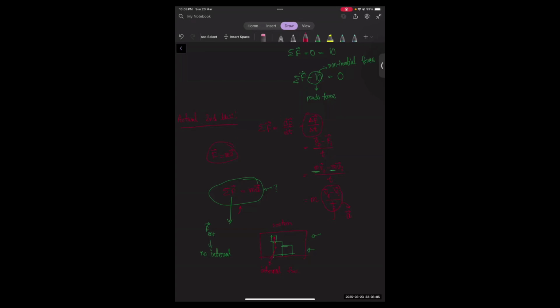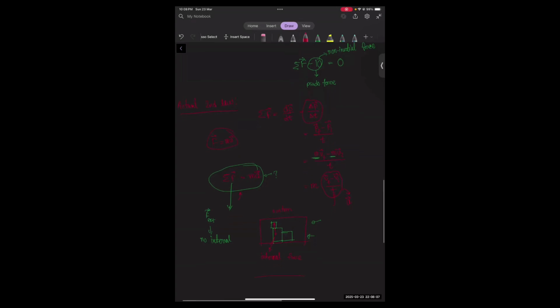But then let's say we have the Earth below, and gravity pulls all of them down. That is an external force. Why? Because Earth is not included in my system. Since Earth is an object outside my system, the force it exerts on the objects of this system will be considered an external force, not an internal force.